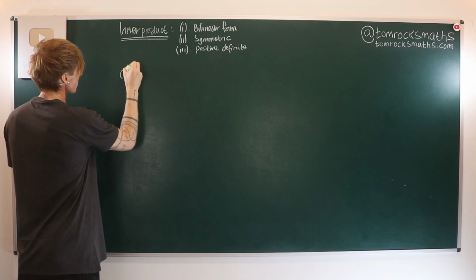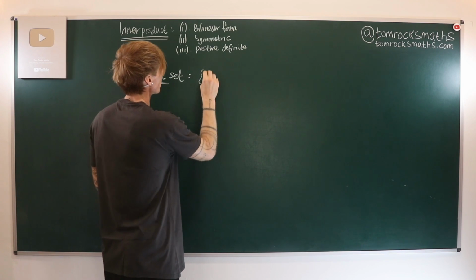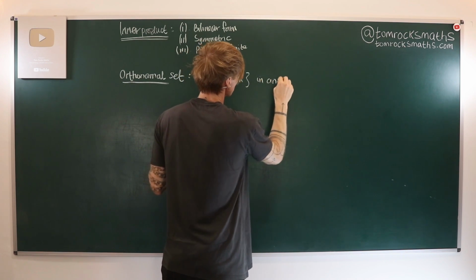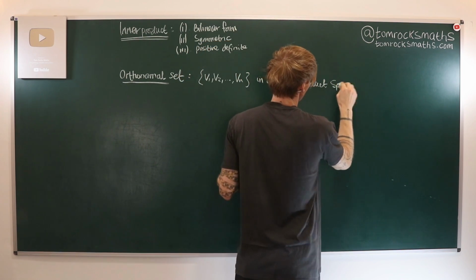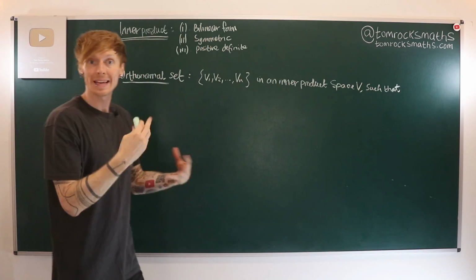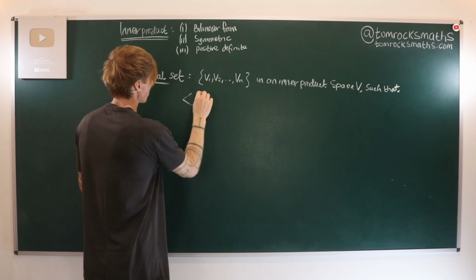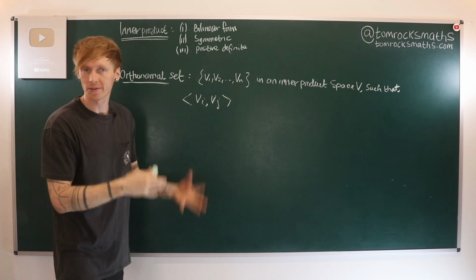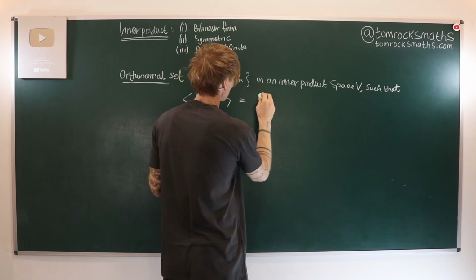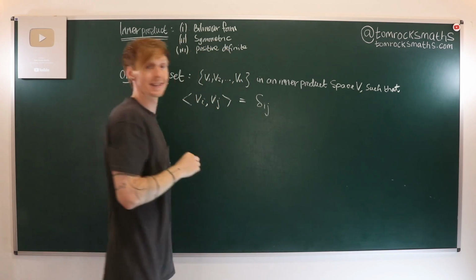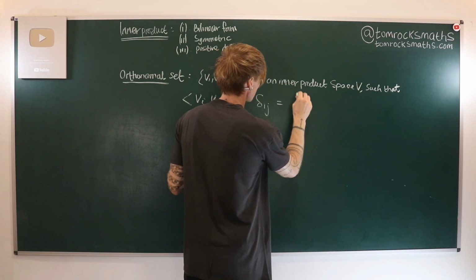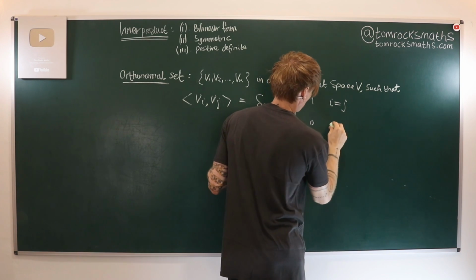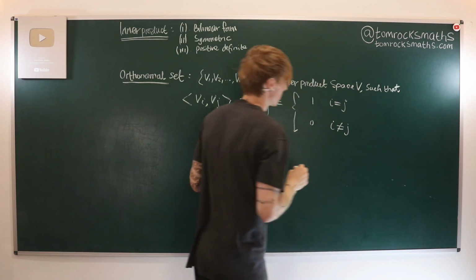An orthonormal set is a set of vectors, let's call them v1 to vn, belonging to an inner product space V, such that when you take the inner product of vi with vj, where i and j can range from 1 through to n, then the answer is what we call delta ij, the delta function, which is defined to be 1 if i is equal to j and 0 if i is not equal to j.